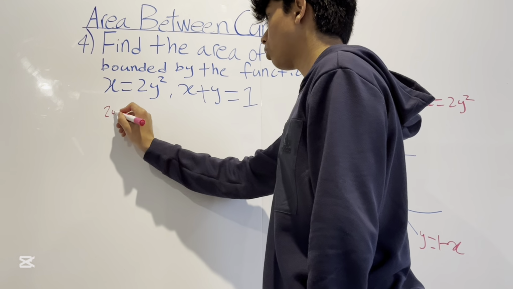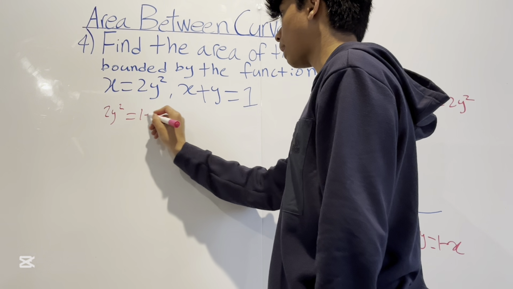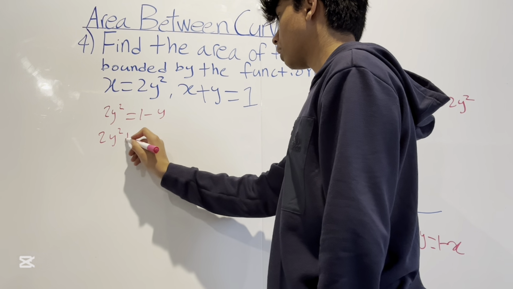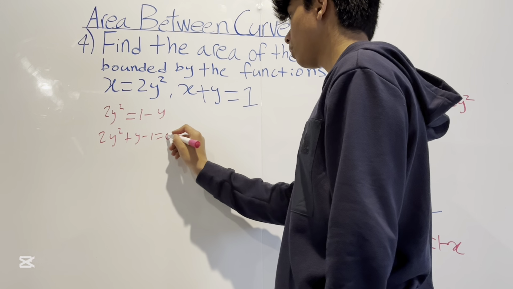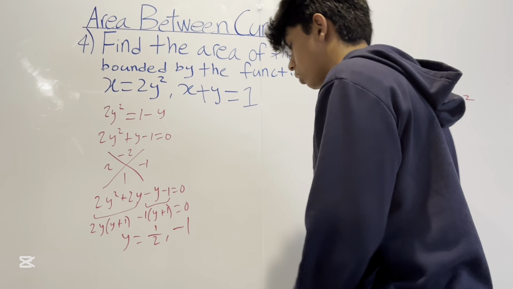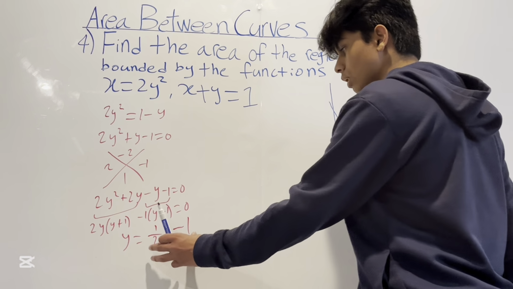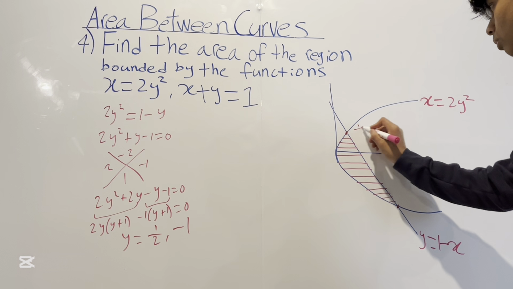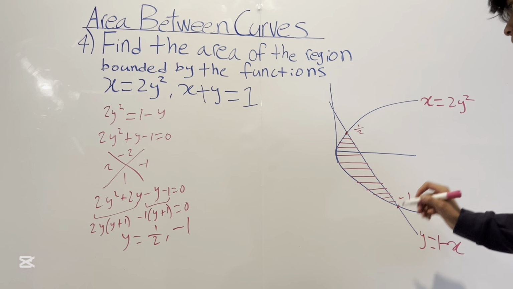So if we bring it to this side, it'll be 2y squared plus y minus 1 equals 0. So now we have our bounds of integration, which is 1 over 2 and negative 1. So this here is 1 over 2, and this is negative 1.